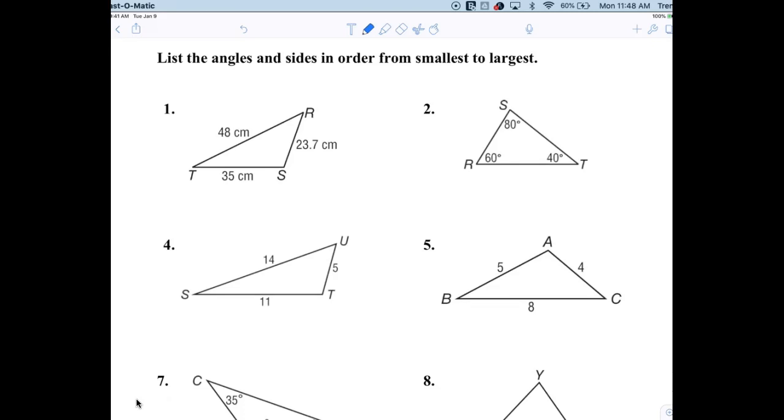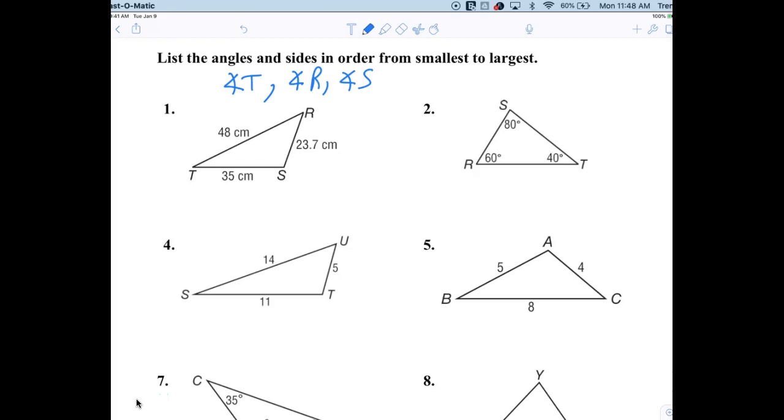Angle T. Right? Why is angle T the smallest angle? Because it's opposite the smallest side. Then next is angle R. And then what? Angle S. Come on, guys. It's so simple.